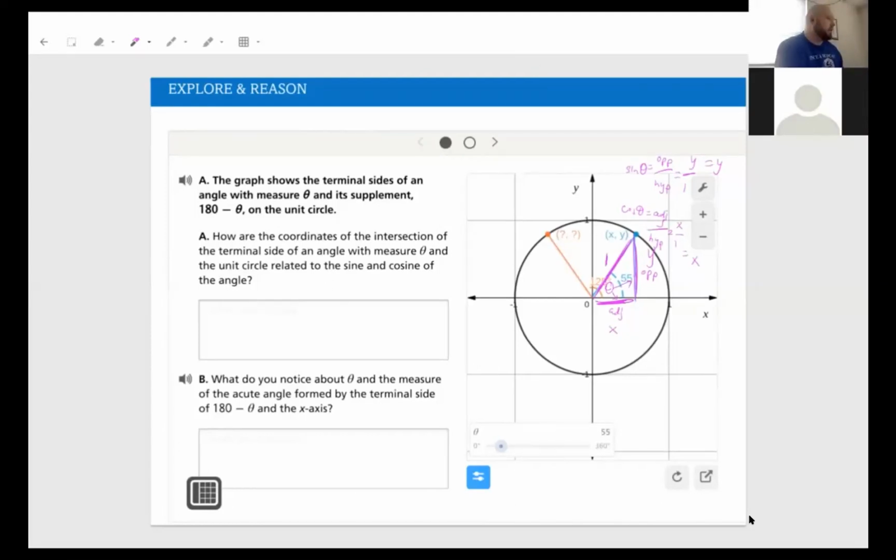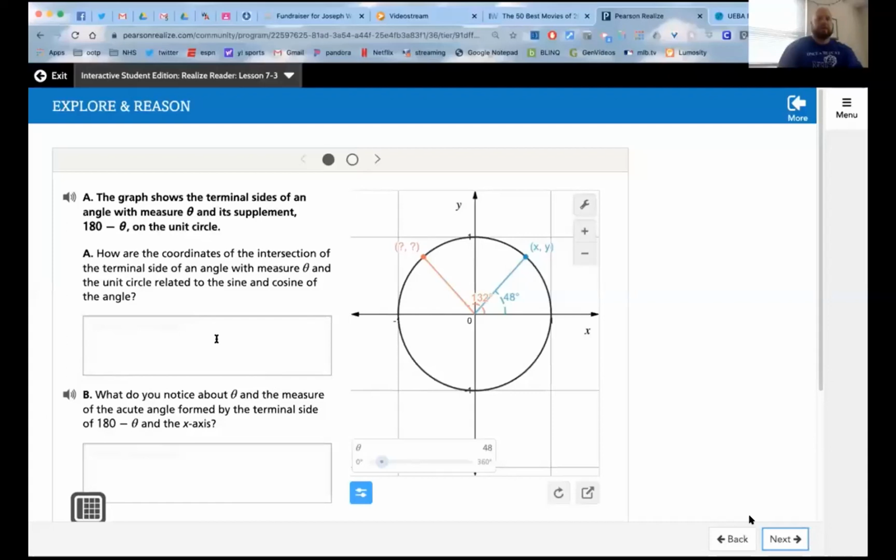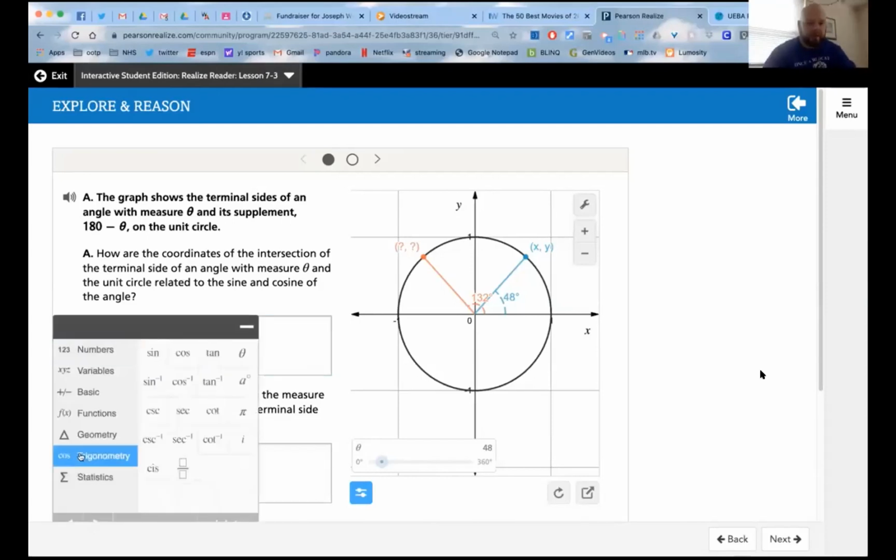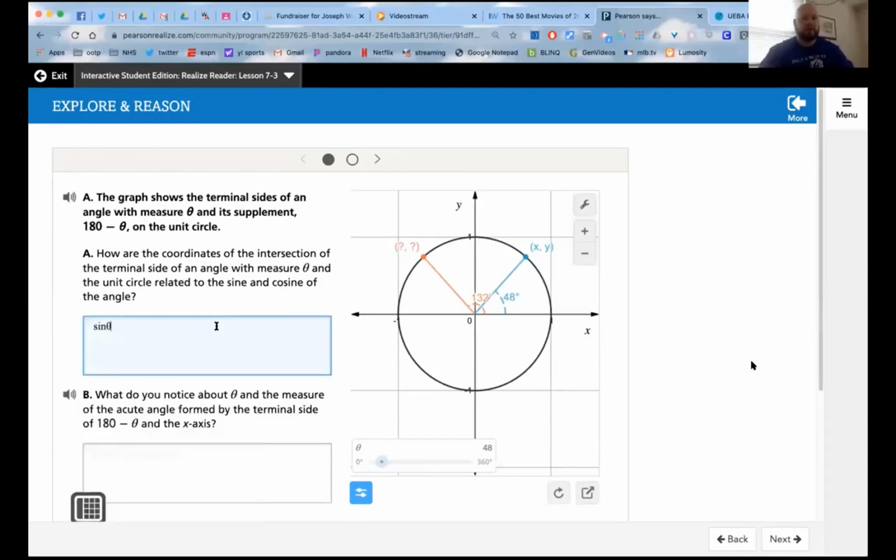So I'm going to jump back over to my screen where I can write. Now I'm back over here, and I need to talk about how these coordinate points, x, y, are related to the sine and cosine of the angle. So I'm going to say the sine of theta is equal to y over r.